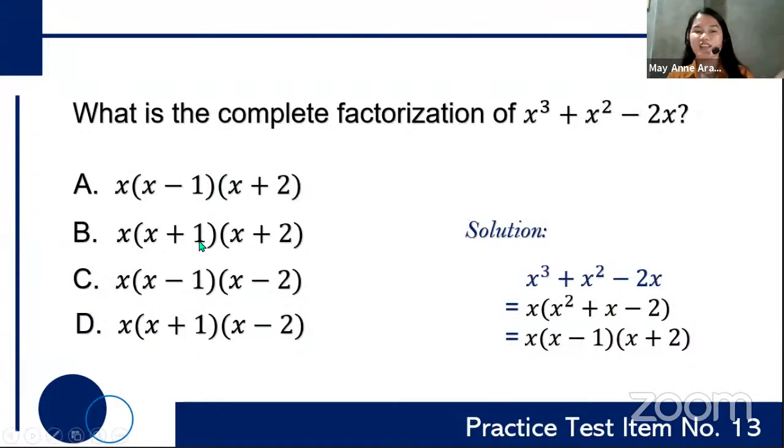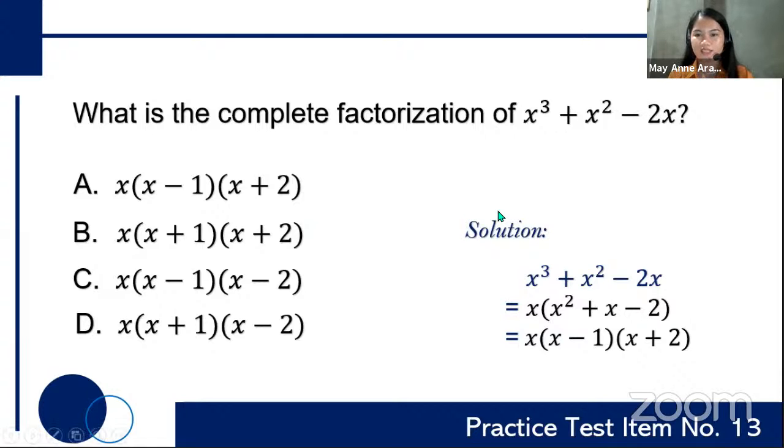So, again, can eliminate na option B and option C, kasi parehas positive ang kalalabasan niyan, di ba? And since plus yung operation natin dun sa middle term, dapat yung plus sign natin dun sa two factors ay alin? Yung 2 ang positive. Bakit di pa rin yung sagot nyo?